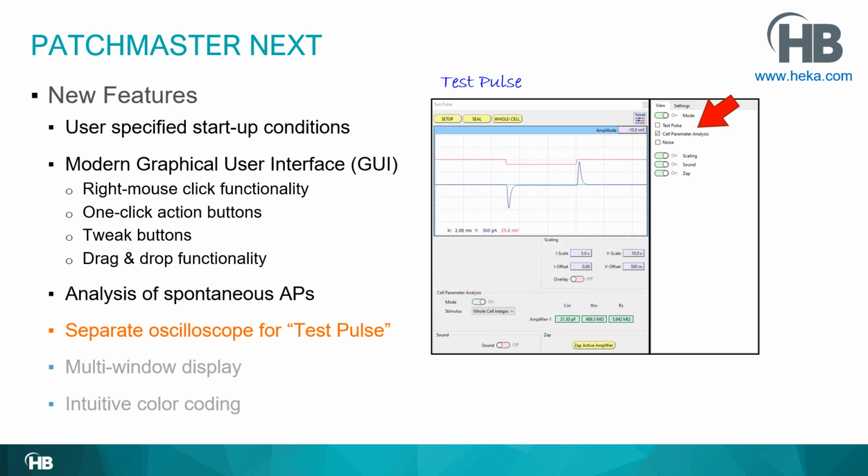You see on the bottom the three green display fields, cell membrane, cell resistance, and the serial resistance being displayed. Then there's another option that says noise. When you select that option, it allows you to actually see the noise that is being measured in the system at this configuration.